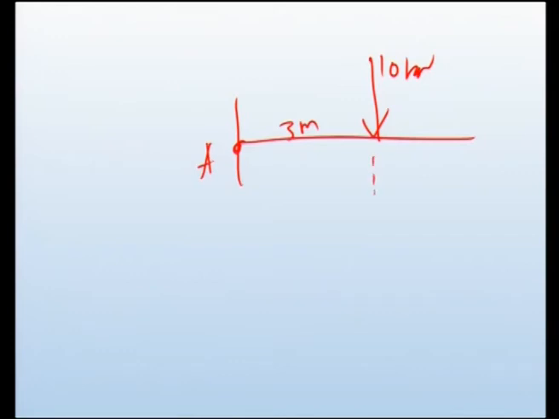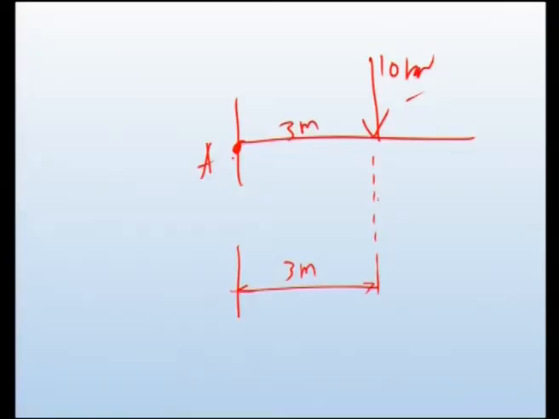You should find the distance between the line of action of the load and the point considered, A. This is the distance we need to find the moment produced by this particular 10 kilonewton load.